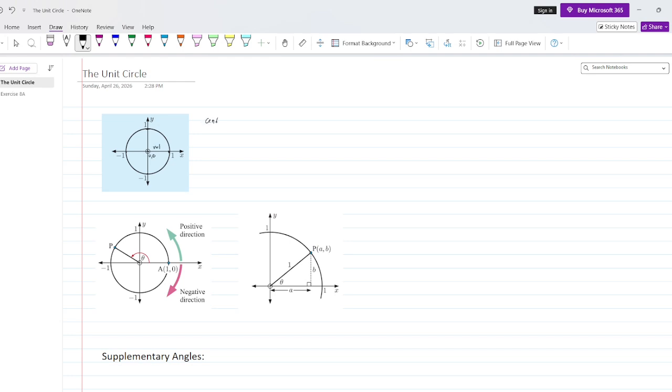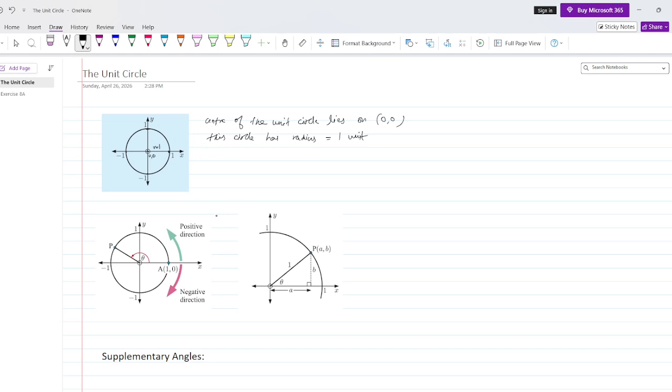The center of the unit circle lies on 0, 0. This circle has radius equal to 1 unit. This is called a unit circle.